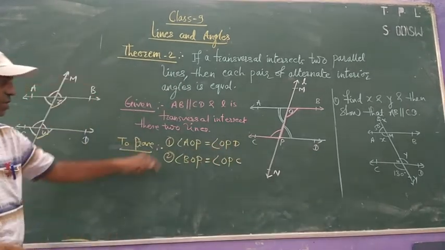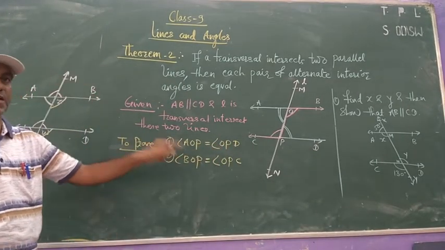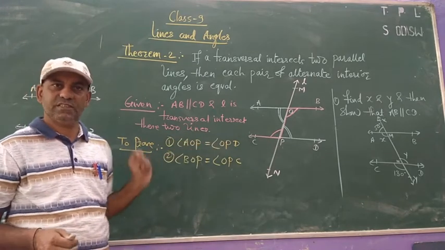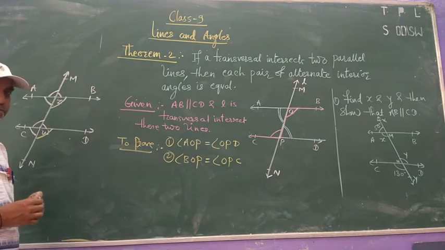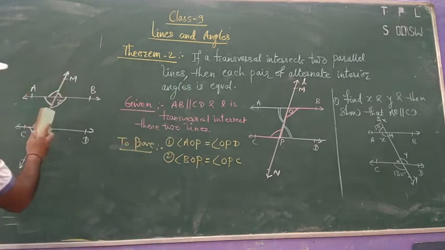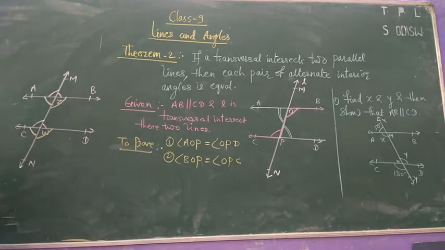Okay, how to show these two pairs are equal. Okay, so here no construction. So we start the proof. So to prove this theorem, we use here the corresponding angle axiom. So here, when two lines are parallel and a transversal is there, then corresponding angles are equal.